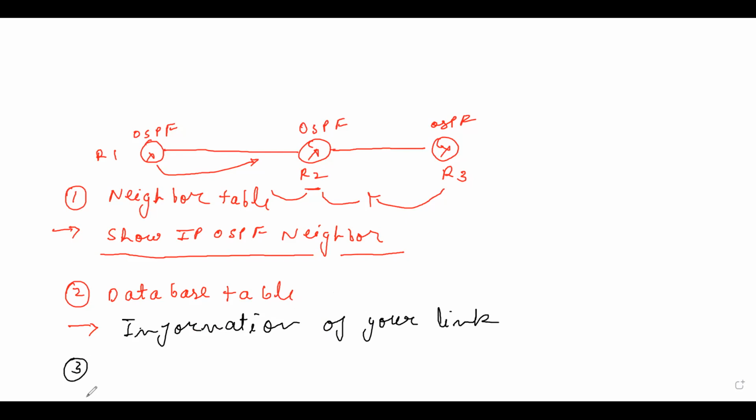One more thing: the routing table. Every protocol makes a routing table. You can use show ip route. Every router makes a routing table. And this is show ip ospf database. You can check it like this.